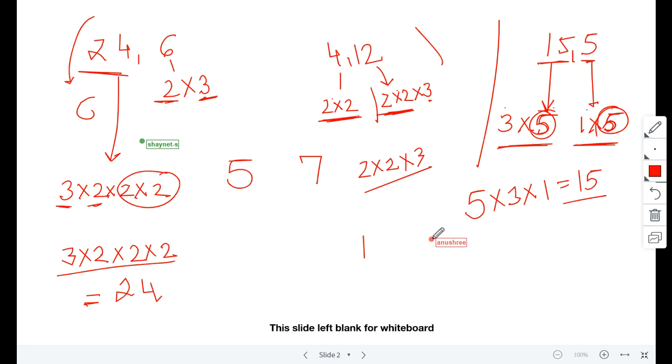The first is 12 and 18. First, prime factorize both, okay?